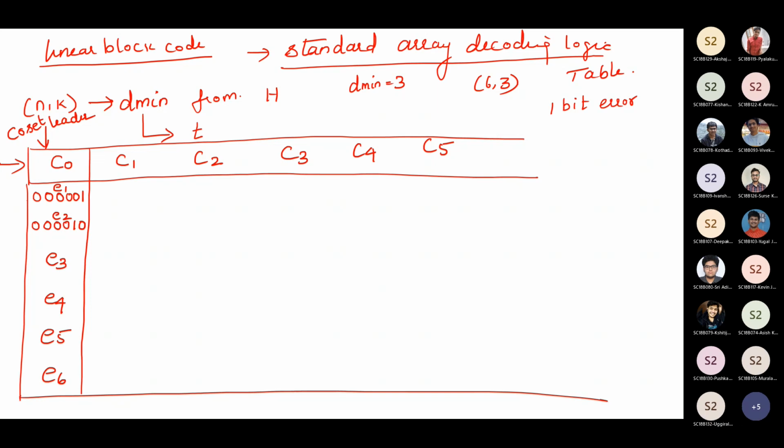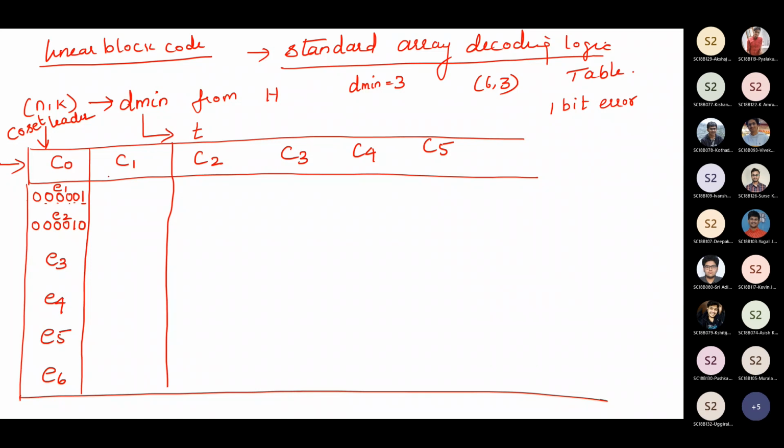Second, since I know t is 1, that is 1 bit it can correct, what are the different error patterns for the 1 cross 6 error size? Error can occur at the first bit, second bit, third, fourth, fifth or sixth bit. Based on that I have written E1, E2, E3, E4, E5, E6.